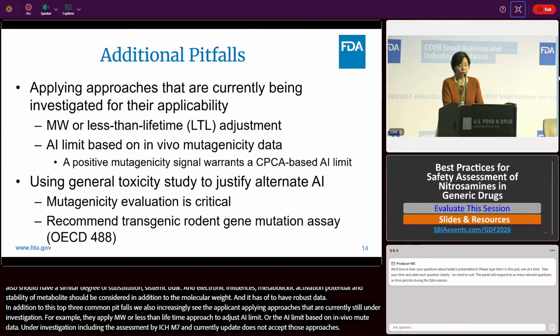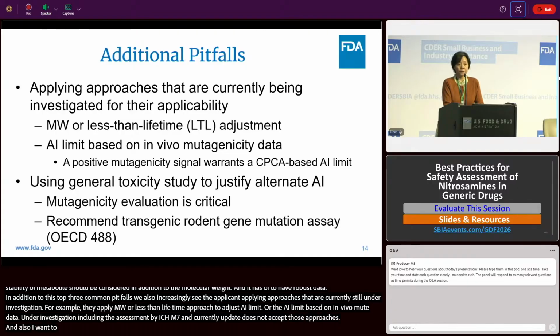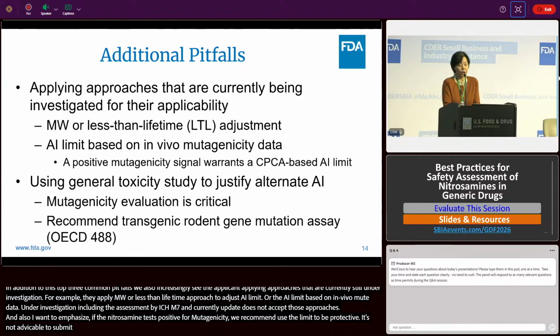I also want to emphasize that if the nitrosamine tests positive for mutagenicity, we recommend using the CPCA-based AI limit to be protective. Also, it's not acceptable to submit general toxicity data to justify the AI limit.